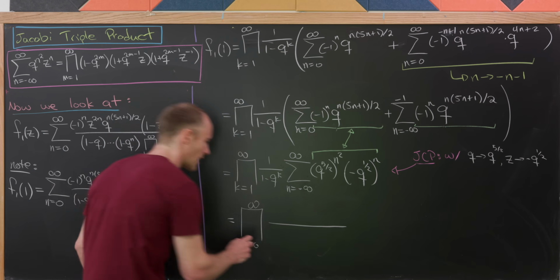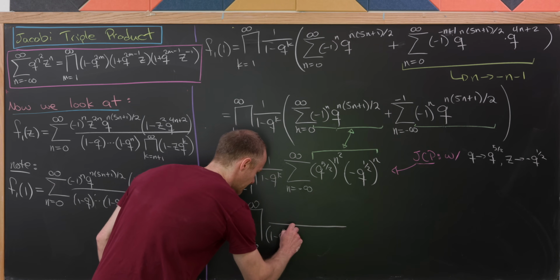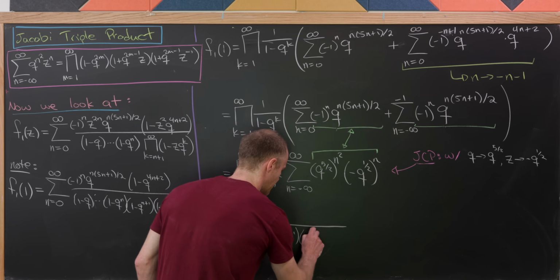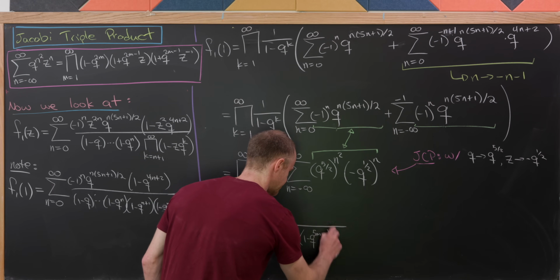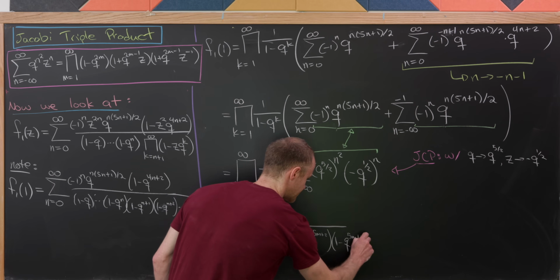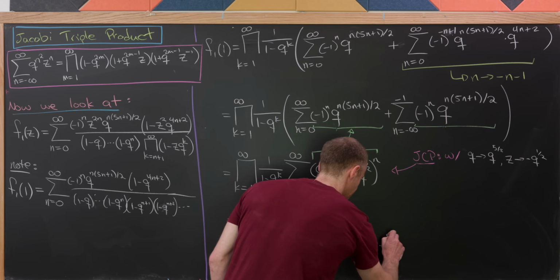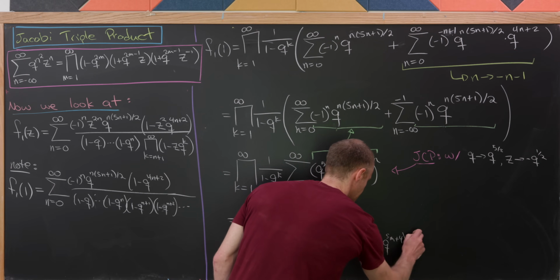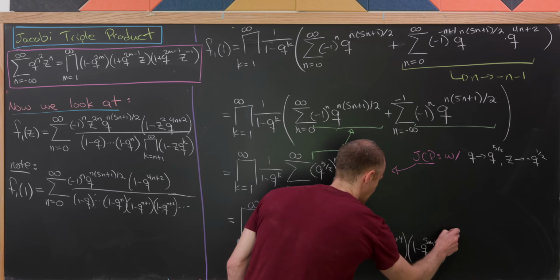But I'm going to rewrite that as 1 minus q to the 5m plus 1, and then 1 minus q to the 5m plus 2, and then 1 minus q to the 5m plus 3, and then 1 minus q to the 5m plus 4, and then 1 minus q to the 5m plus 5.